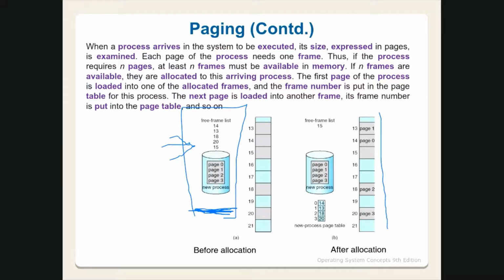Those are the frames in the physical memory. They are all free. Here this is your physical memory, where the gray shaded blocks are the free ones. You see the blue shaded blocks, they are the occupied ones. They are not free. They are assigned to a process.